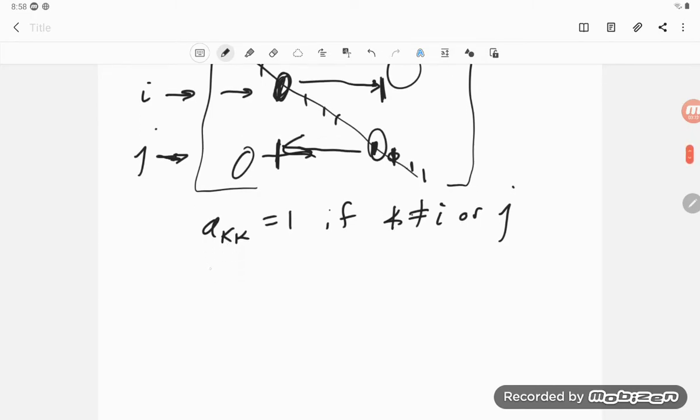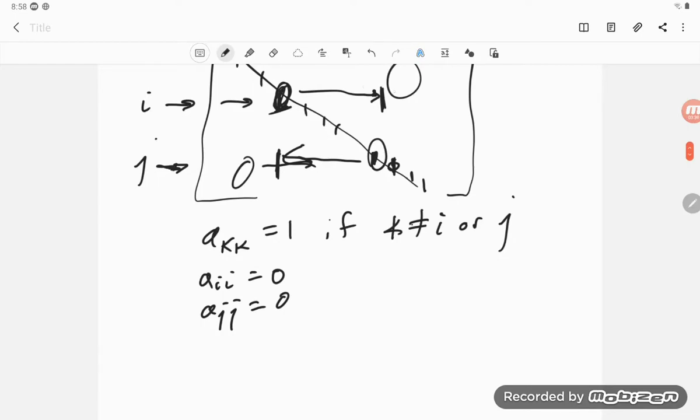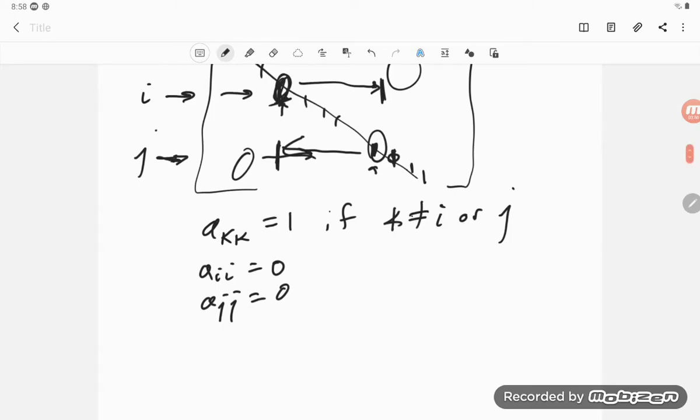And then you're going to have A_II is 0, that element here in the diagonal, and A_JJ is going to be 0. Then look here, this spot here was I, and this is J, so this is column J, row I, and so what happens is A_IJ is equal to 1, and A_JI is equal to 1.